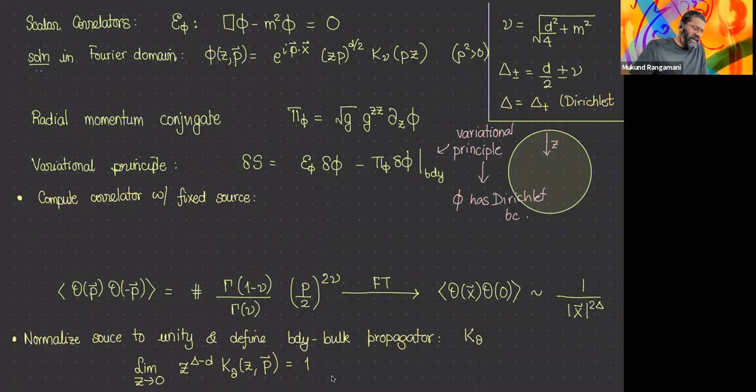So now I'll explain where that comes from. Let's look at how this behaves at the boundary, z equals 0. The Bessel function has two fall-offs, so we can look at the solution near the boundary.